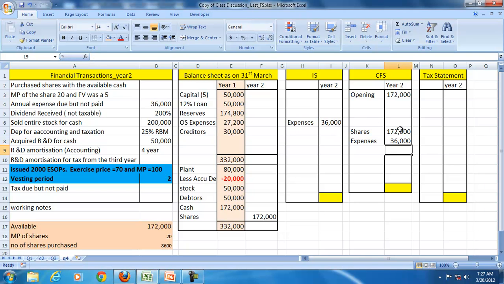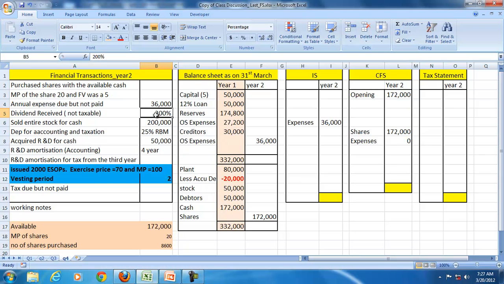Maybe we can ask a question, there is no cash, how are you making the payment? So since we don't have cash, we'll not pay the expense but create an outstanding expense. The outstanding expense is 36,000 minus payment, so entire expense remains as outstanding.